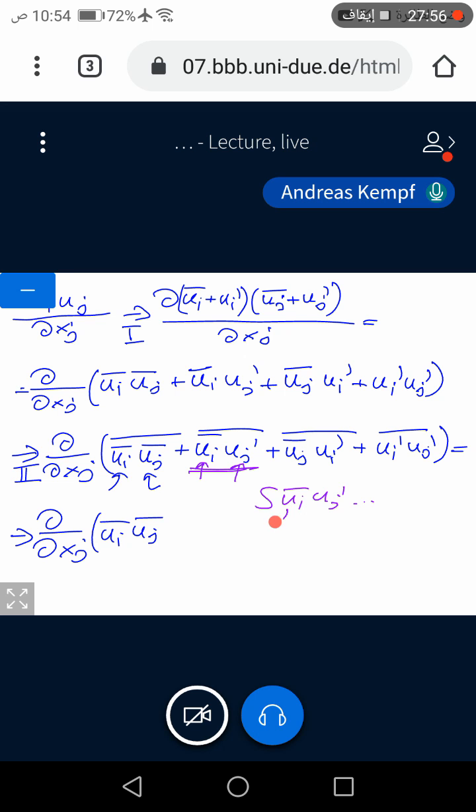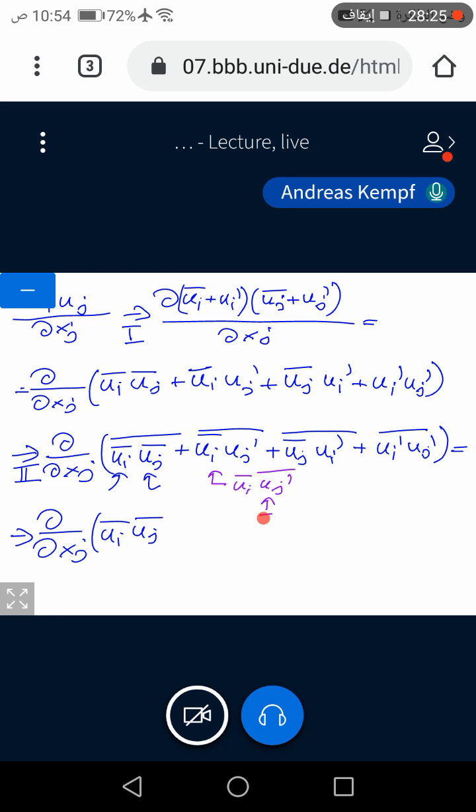If this is an integral, we can take the constant ui bar out of the integral. In other words, this expression can be written as ui bar times uj prime bar, because it's constant.